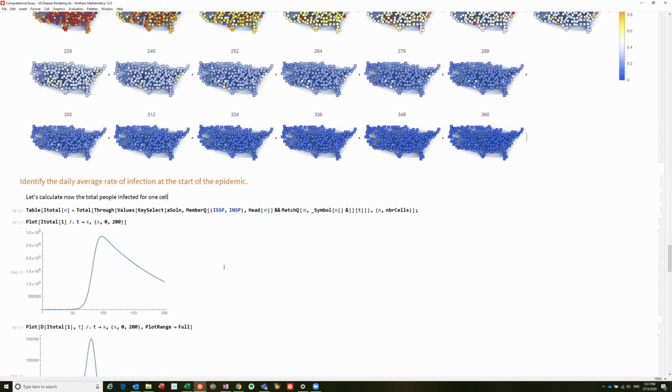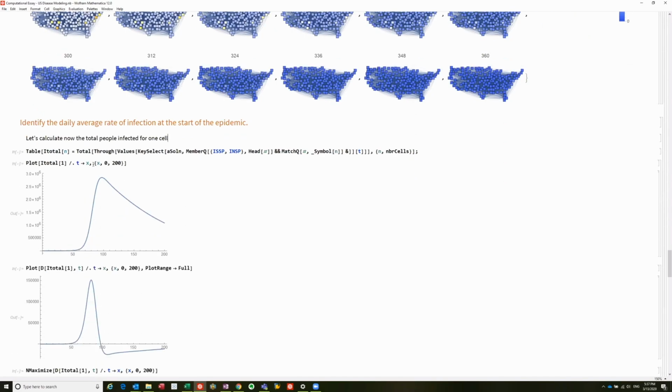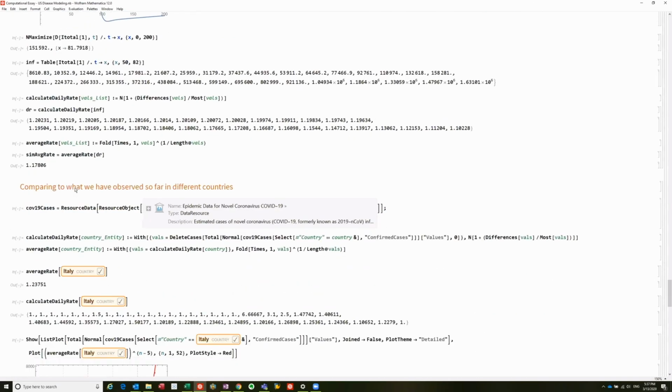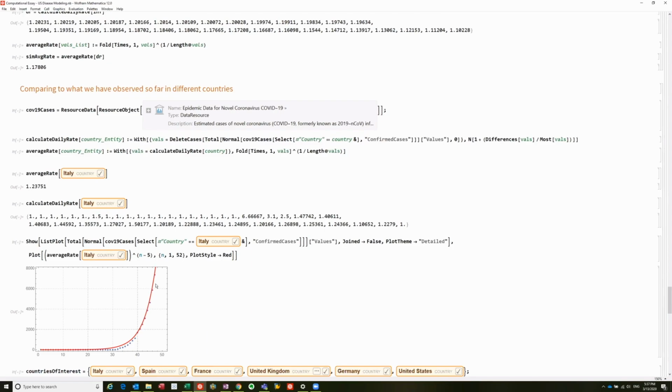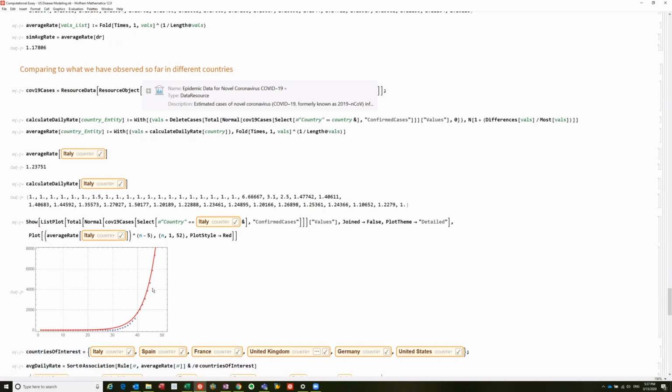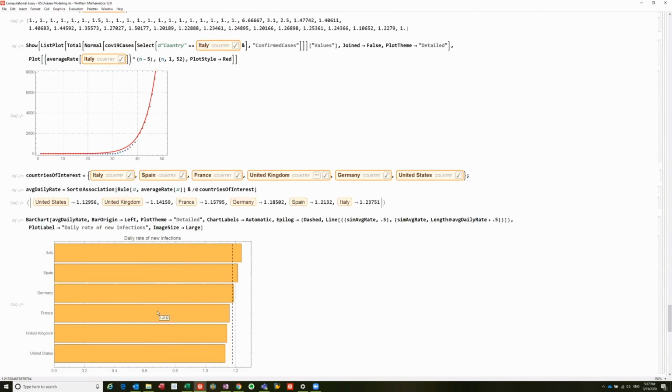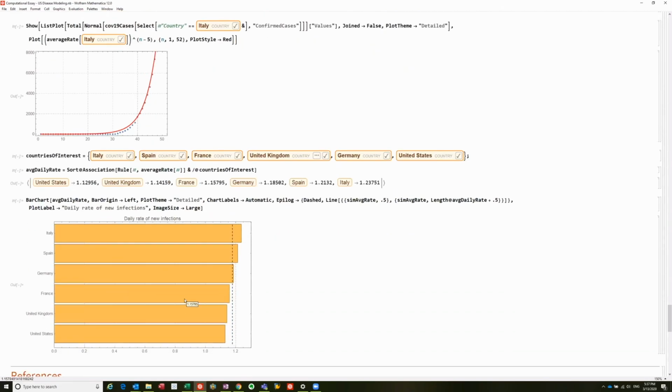Then, which is not finalized yet, we look at one node and do further analysis of how that fits a curve like what we have observed in Italy. So that's a little teaser, and a comparison with other countries, for example, on daily rates of infection.